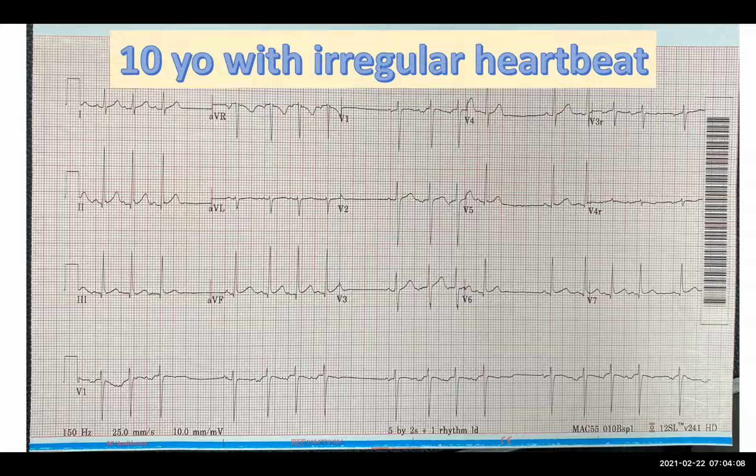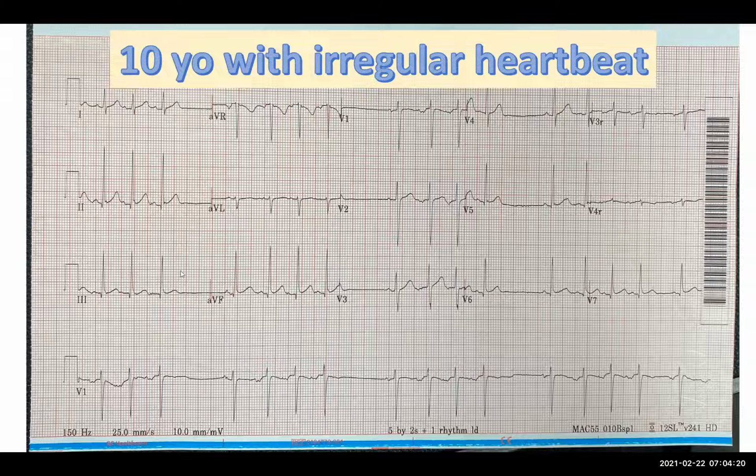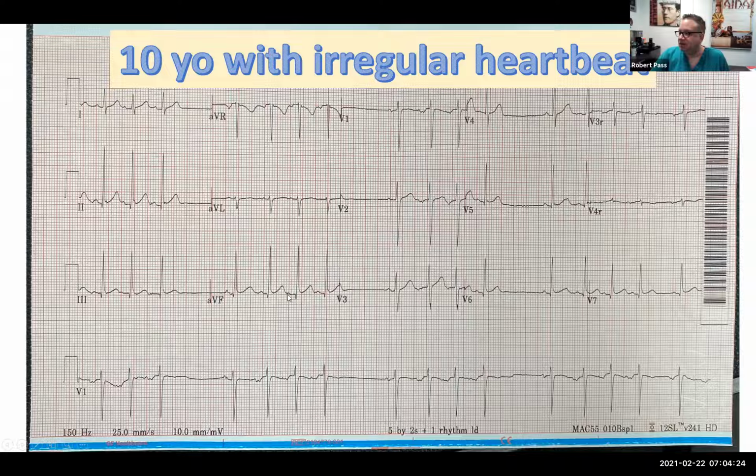I agree that in leads 1 and aVF, it appears as if the axis of the P waves is similar, but I do think you could argue that this P wave here is a different morphology than this P wave.